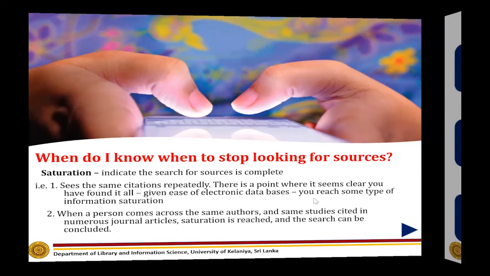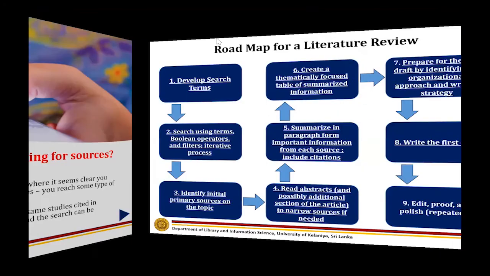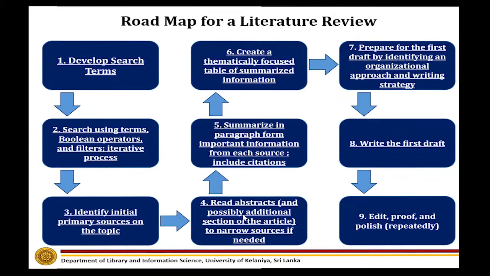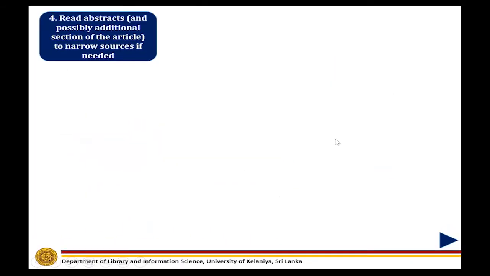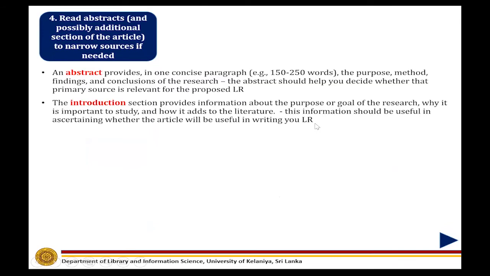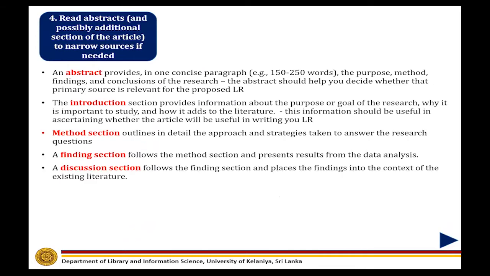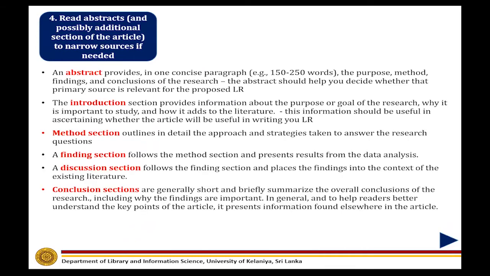Okay, right. So number 4: read the abstract and narrow the sources if needed. I'm not going to talk long here, because you are all familiar with what's included in journal articles, as we saw in the earlier example.